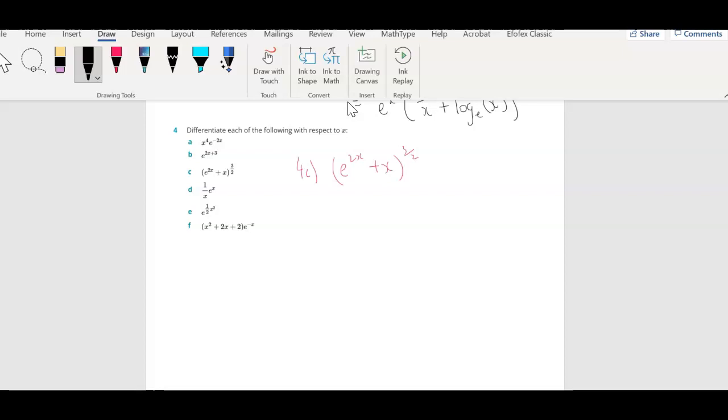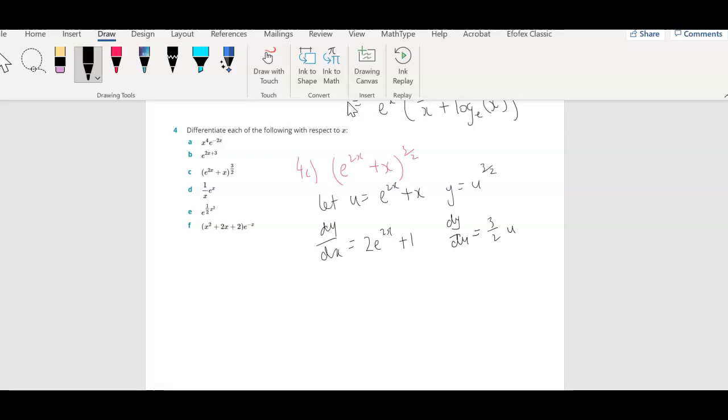All right, so letting u equal e to the 2x plus x, we'll let y equal u to the power of 3 on 2. So using the chain rule here, du/dx is 2e to the 2x plus 1, and then dy/du is 3 on 2 u to the 3 on 2 minus 1, which is a half.